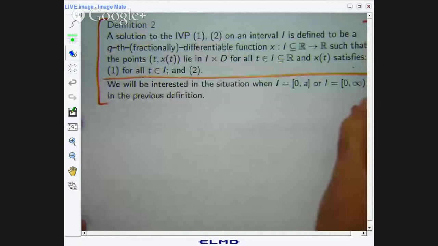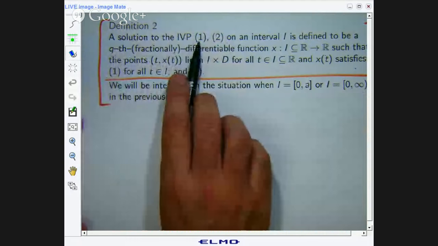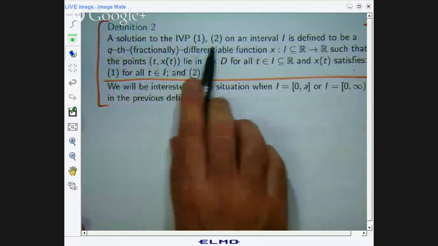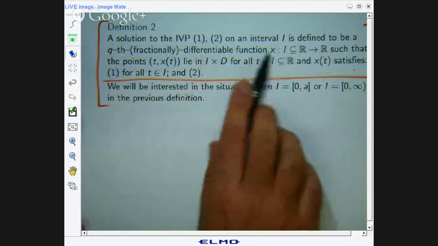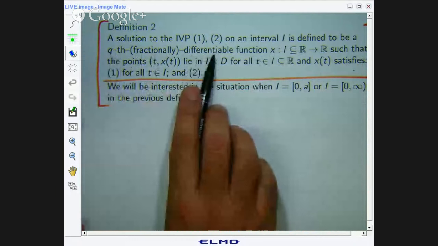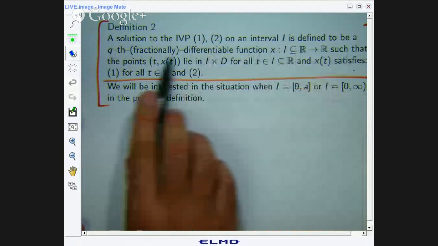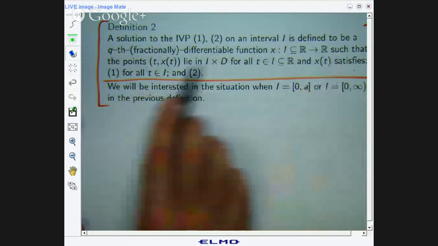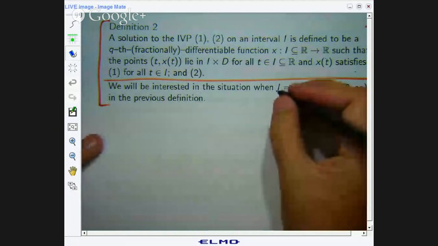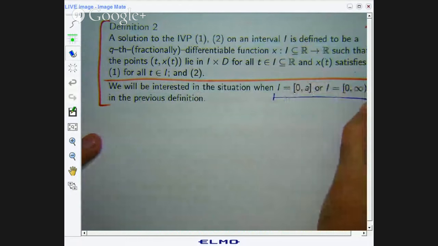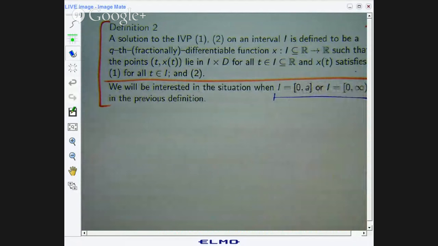A solution to the initial value problem 1, 2 on some interval I is defined to be a function such that its qth order derivative exists and the points lie here and it satisfies equation 1 and equation 2. Now, our interest will be when I is either this compact interval or this half line, okay, up there.